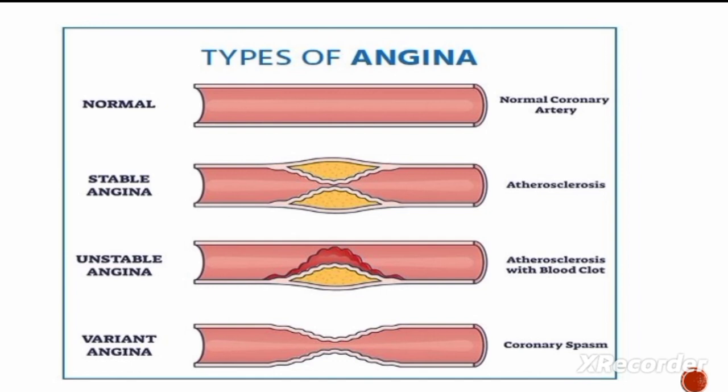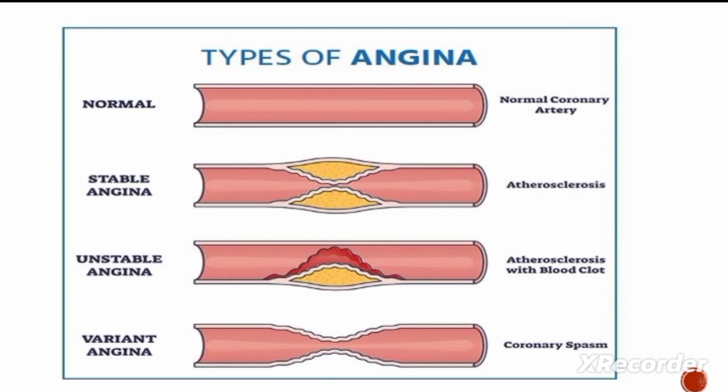Unstable angina needs immediate action. Chest pain that is new in onset, occurs at rest and is worsening is known as unstable angina. The patient will have fatigue, shortness of breath, indigestion and anxiety.